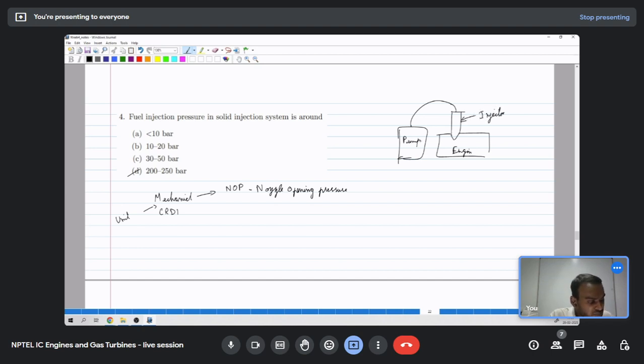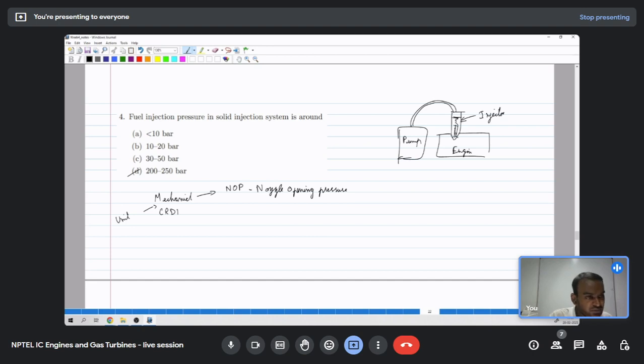So the pump pressurizes the fuel, and as the plunger moves, the pressure keeps on increasing in the line and the fuel inside the injector and the pump, and at a certain pressure the nozzle in the injector starts opening against the spring action.